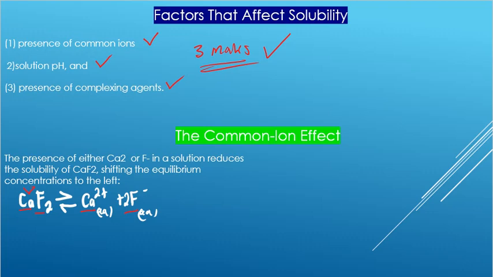We see how we can come up with what we're trying to talk about. So here they're saying that the presence of either calcium or fluorine in a solution reduces the solubility of calcium fluorine, shifting the equilibrium to the left. And of course, this is very much true because the more you are producing this, the more the concentration on your left is decreasing.